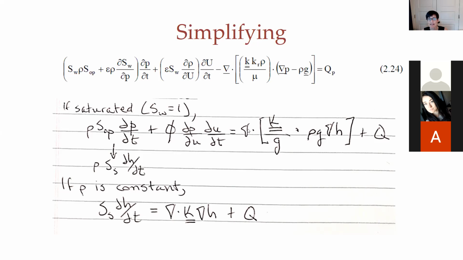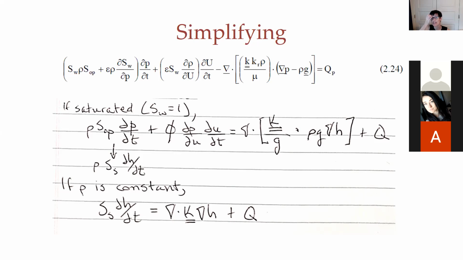This side, I said, hey, let's make this be the hydraulic conductivity divided by g, because this relative permeability becomes 1 if things are fully saturated. So we just got rid of this too. And I converted this to hydraulic head. This entire term can just be, if you do this, converted to grad h.